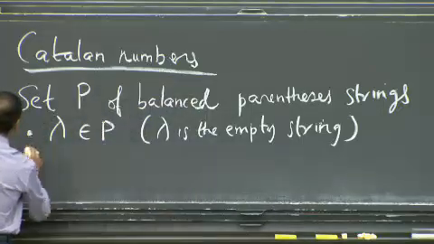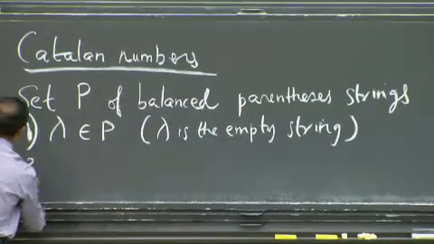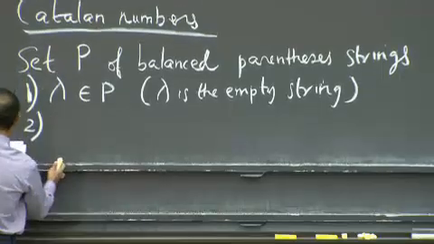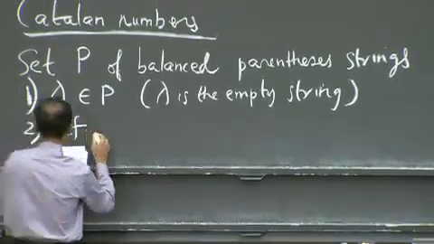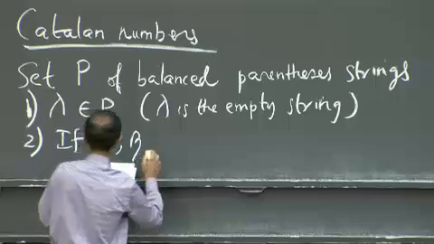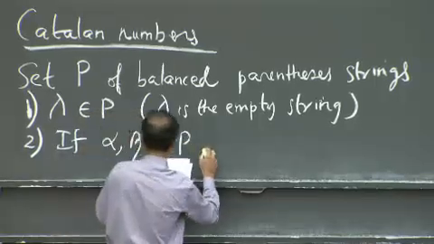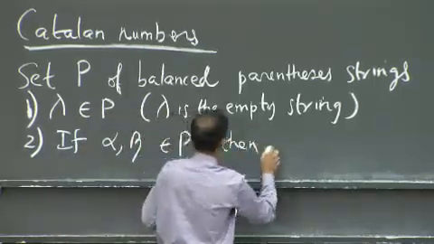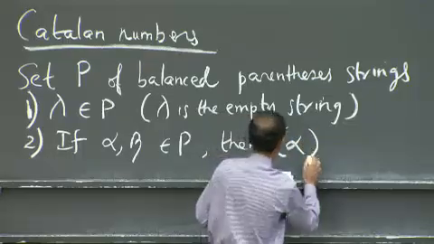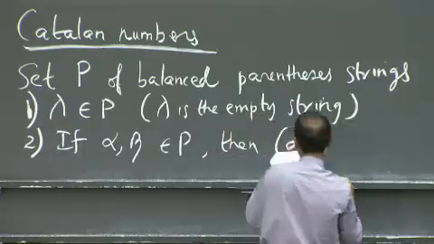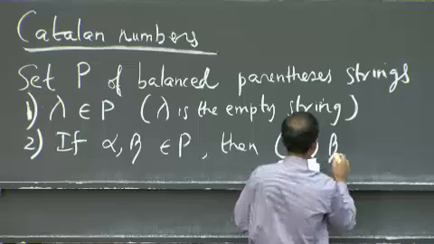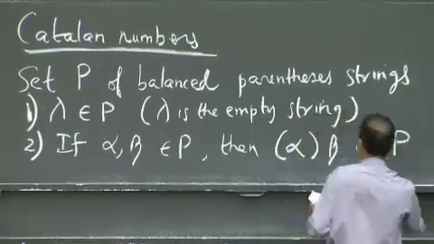And that's rule 1. Rule 2 is if alpha and beta belong to P, then I'm going to put an open paren on alpha, close paren, and then beta, and that belongs to P.